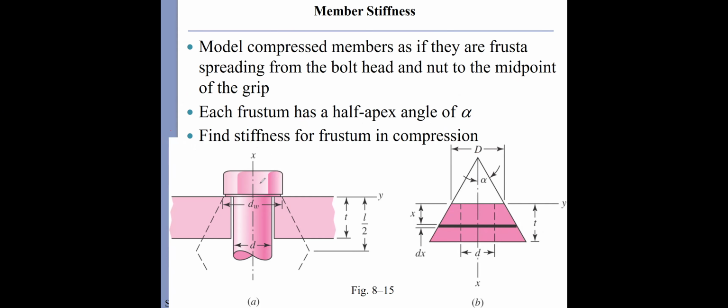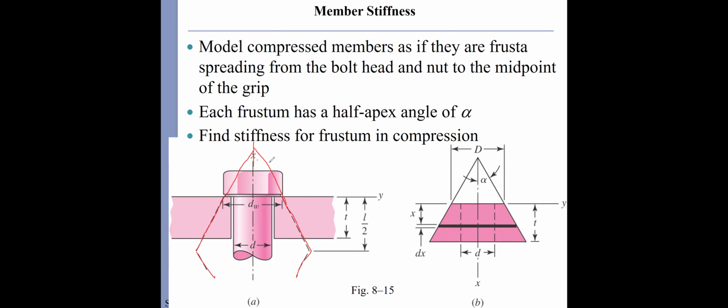So this is our bolt, and this is the member. This DW is the washer diameter, and D is the major diameter of our bolt. We model the stress distribution as a cone shape like this. So we can find the half apex angle if we extend this stress distribution.